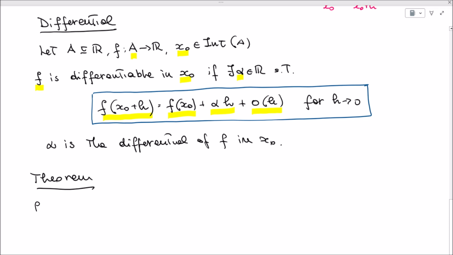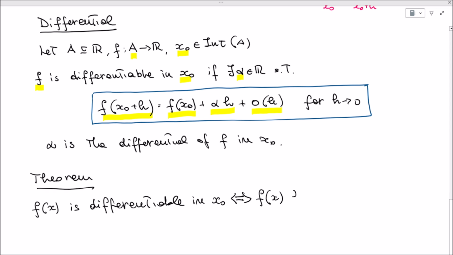We say that f of x is differentiable in x naught if and only if f of x has derivative f prime in x naught.